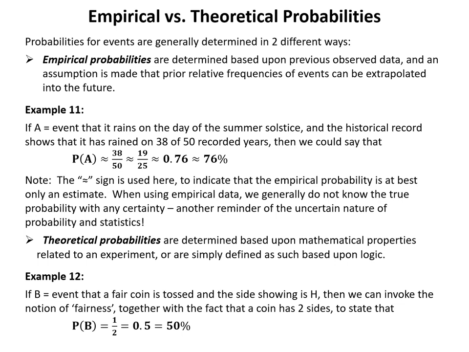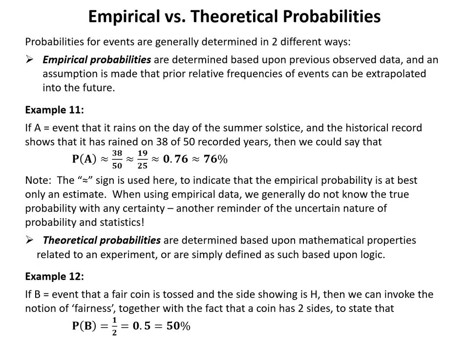In example 11, A is defined as the event that it rains on the day of the summer solstice. And if the historical record shows that it has rained on 38 out of 50 recorded years on the summer solstice, then we could say that the probability of event A is approximately equal to 38 over 50, or 19 over 25, which equals 0.76 or 76%.